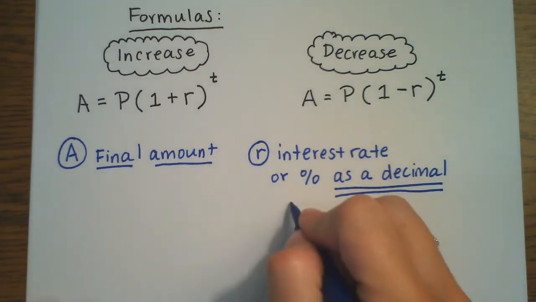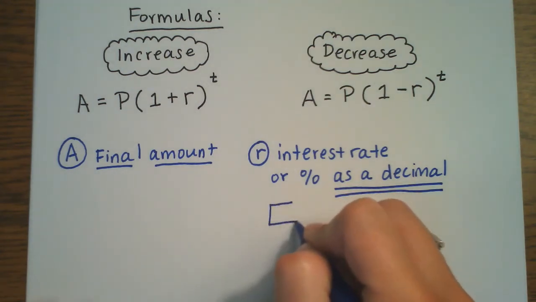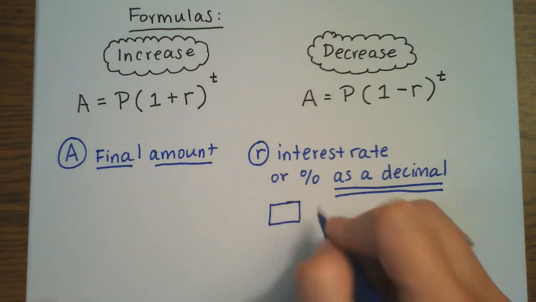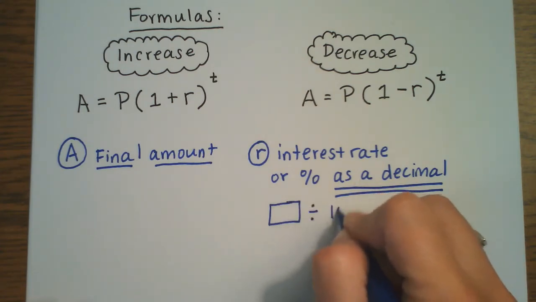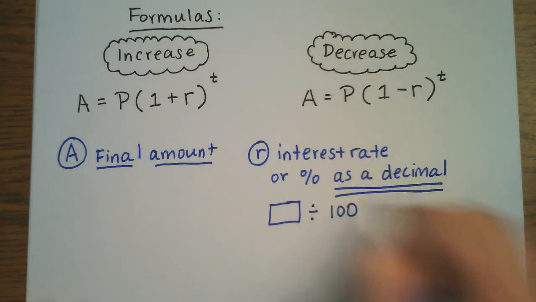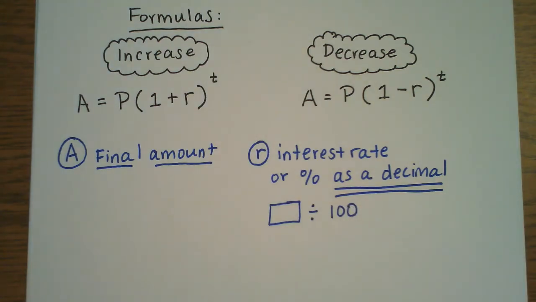So you're going to have to take the number that they give you and divide by 100 to get the number we're going to put in this formula. So that's really important.